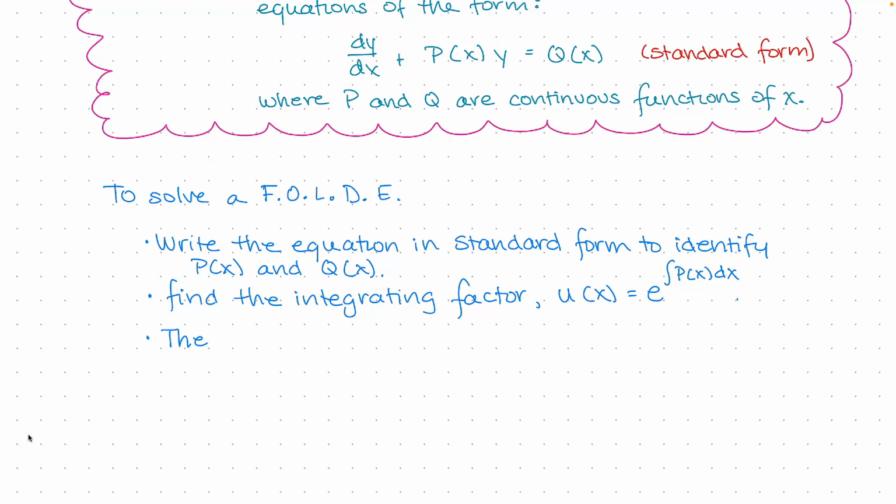Anyway. All right. So once you do this, there's a formula for finding the general solution. The general solution is y equals 1 over u of x, and then in parentheses, times the integral of q of x times u of x dx plus c.